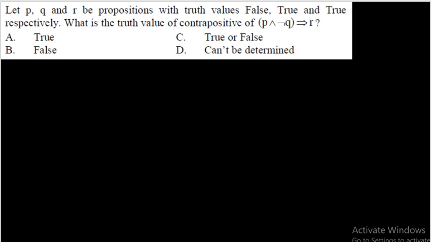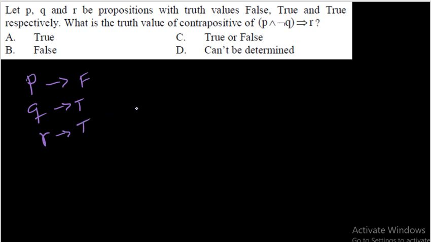Okay, the next question, again, it is logic or mathematical reasoning. Let P, Q and R be propositions with truth values. The P truth value is given to us false, and Q is given to us true, and R is also given to us true, respectively.